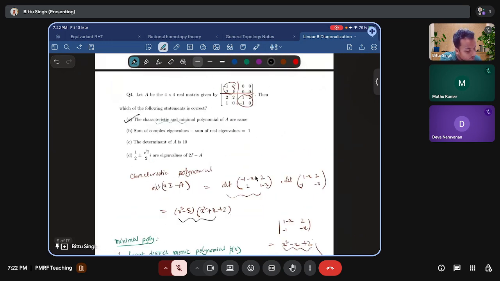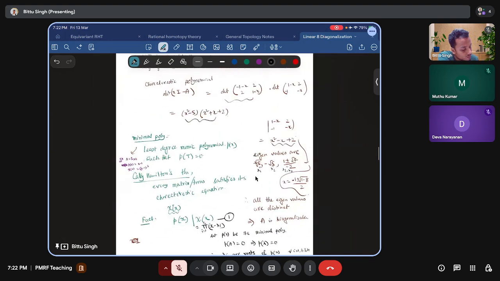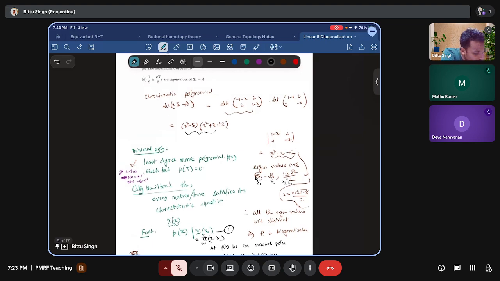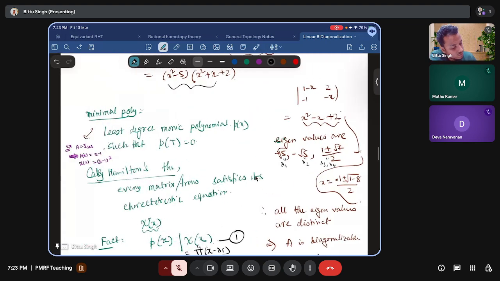Now, what is the sum of complex eigenvalues minus the sum of real eigenvalues? So let us calculate. Oh, sorry, those are actually 1 plus or minus root 7i.